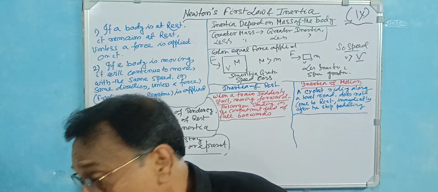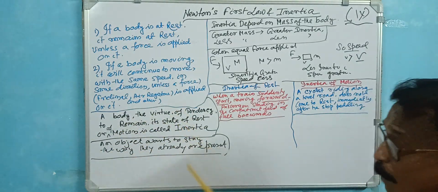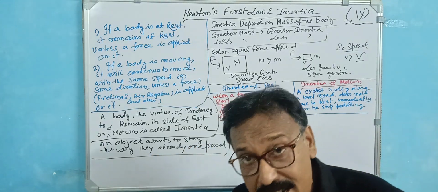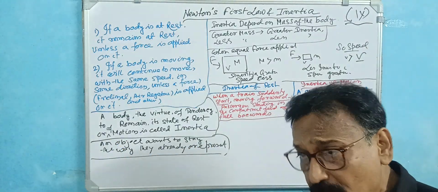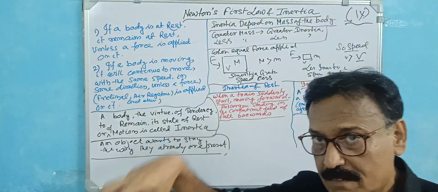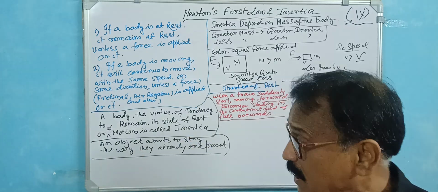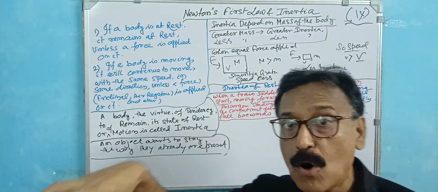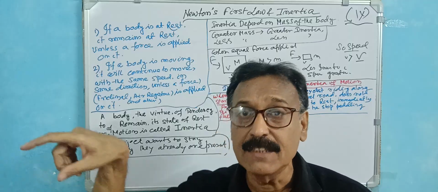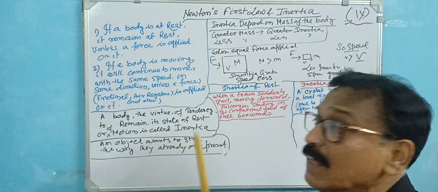Now the second thing, what is the definition of inertia? It is the inherent property, the tendency of each and every object to remain in its state of rest. If they are already in the rest condition, they want to stay there, or if the body is already in motion, it has the tendency to keep moving.